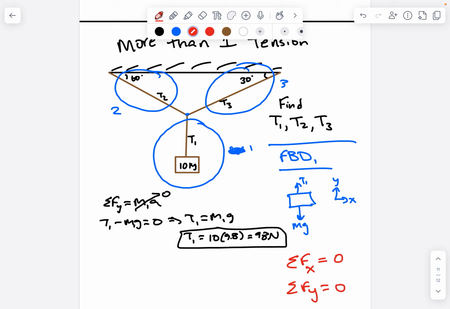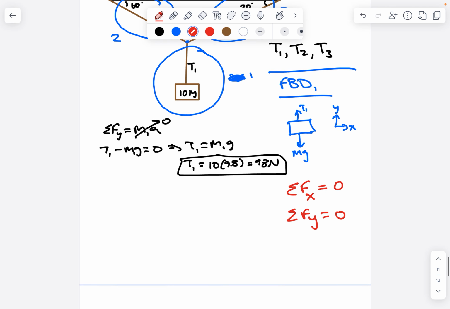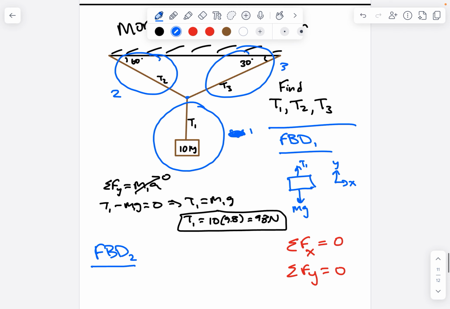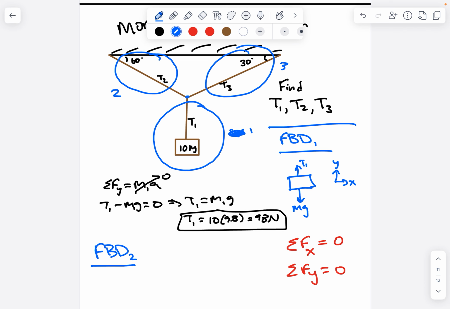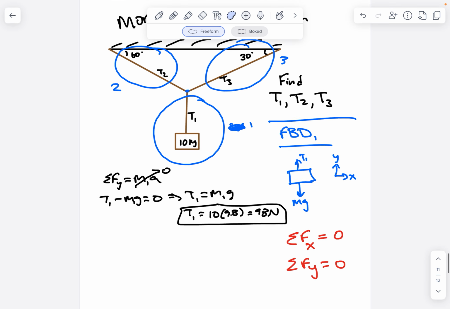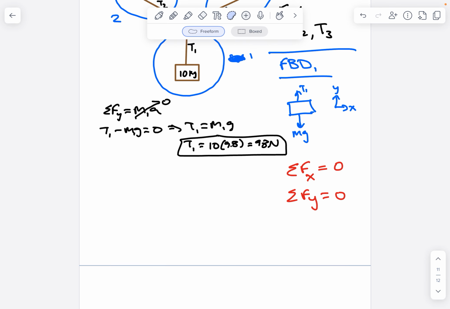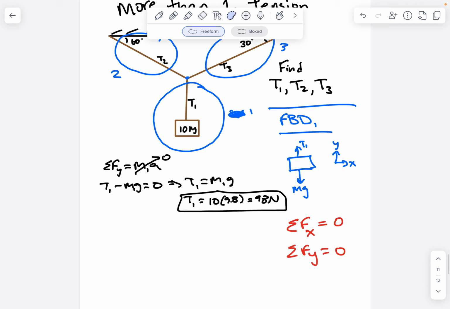All right, so let's break T2 and T3 into their components. But before we do that, let's draw a free body diagram for 2 and 3. So free body diagram 2. Actually, no, because there's no mass here, so we won't do that. We're just going to break apart the components.